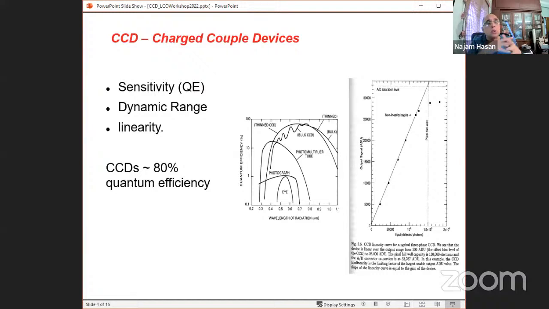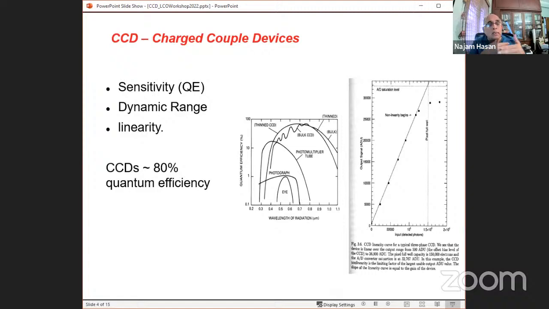So this comes to our advantage in the sense that, suppose you are taking an image of an object which is reasonably bright, and we are giving, say, a 30-minute exposure, and the amount of light collected is a lot and the whole thing is saturating the CCD, then you can take 3 10-minute exposures and add them up, right?